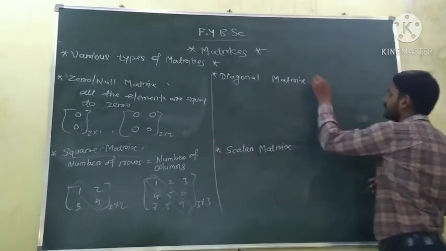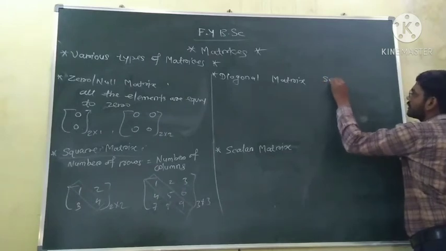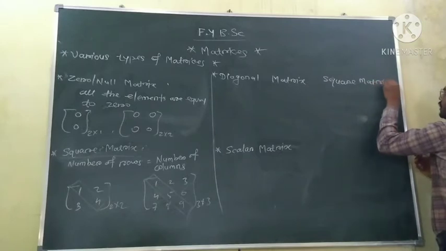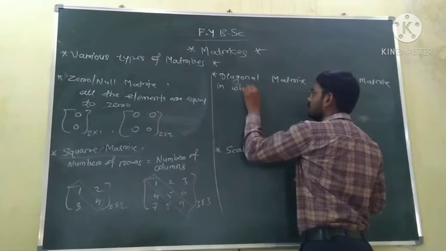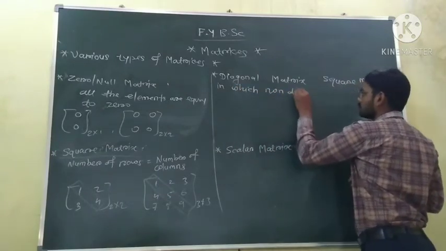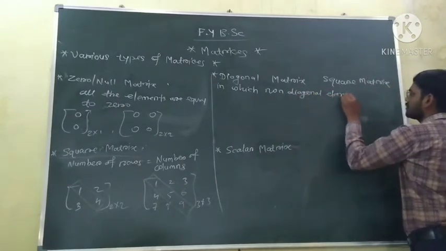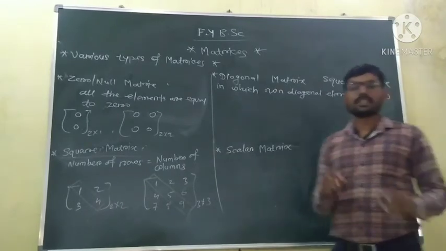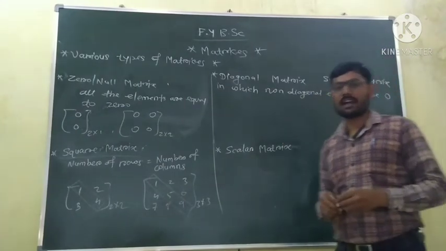A square matrix in which non-diagonal elements are 0. Except the diagonal, all the elements are 0. Such matrices are called diagonal matrices.